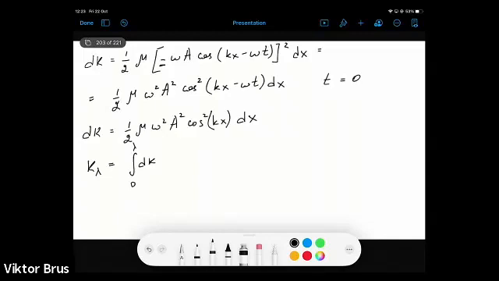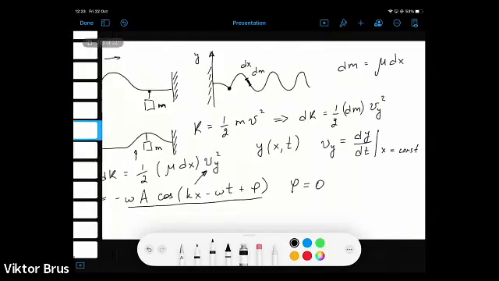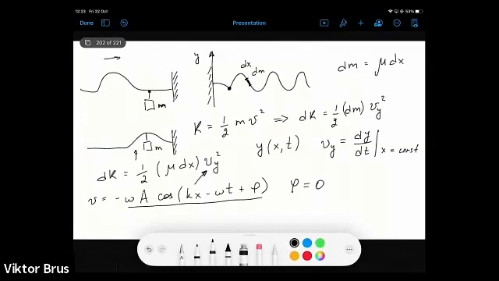So understand what we do. We have many small elements along axis x, and we consider one. If we come back here, let's say this is axis x. And this is 0, this is lambda, one wavelength. So distance between adjacent points with the same phase.